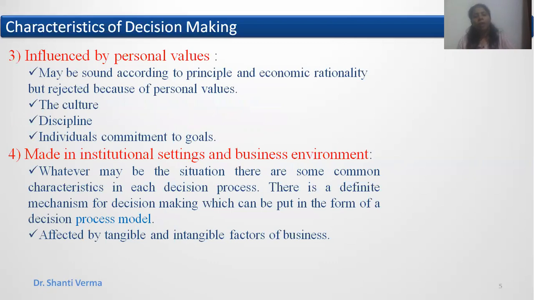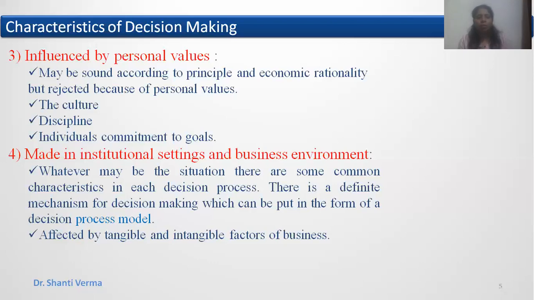Third, the influence of personal values. It might be possible that the decision taken by the person is good and economic, but it may be rejected by some personal values because some personal things harm this decision. For example, cigarettes and liquors are all injurious to health, so they are not promoted publicly so that users do not take them into their habit.